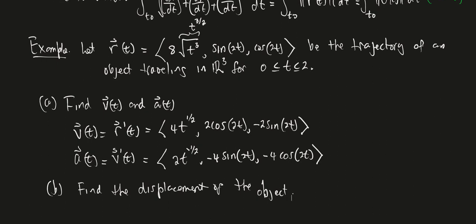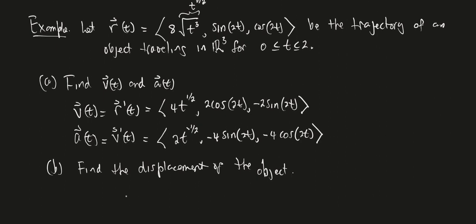So our displacement over the interval 0 to 2, I'm just going to use the algebraic way of computing the displacement. In other words, evaluate the final position, which is r of 2, evaluate the initial position, which would be r of 0, and then take the difference, right?